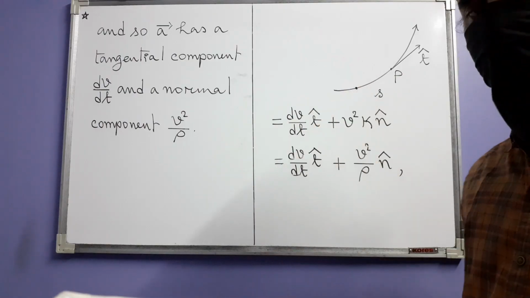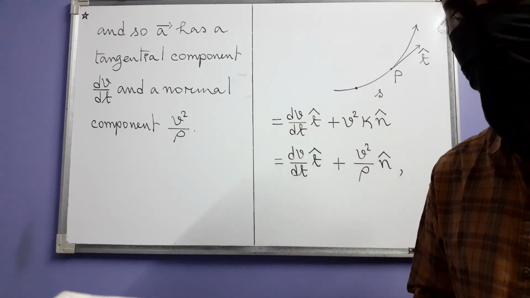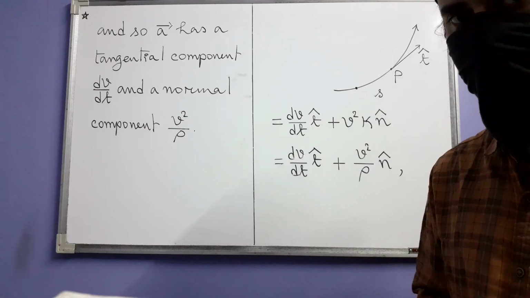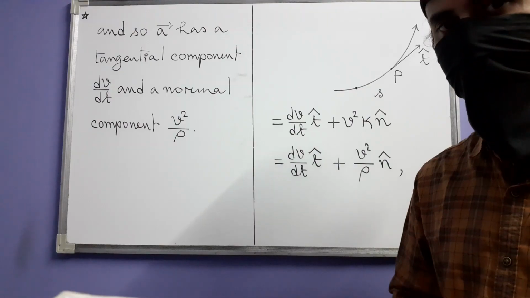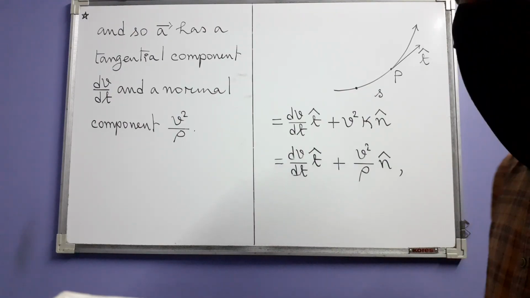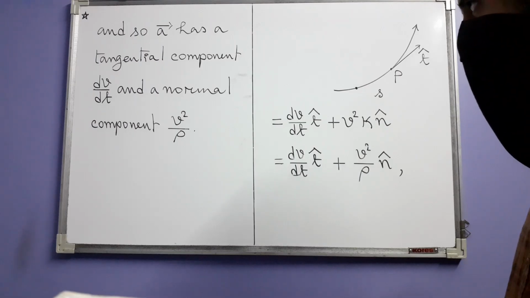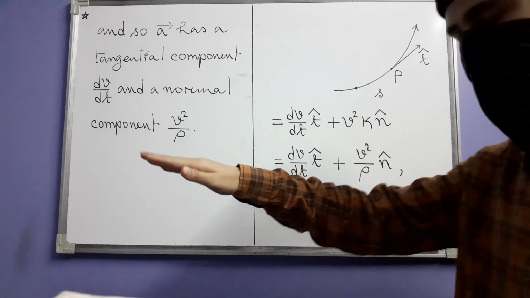We have seen what these vectors are in a Cartesian coordinate system using x and y. In polar coordinates, we won't do that today, but in the next video, these things will become much more clear. Now let us try to see what is going on in the special case where this curve is actually a straight line.